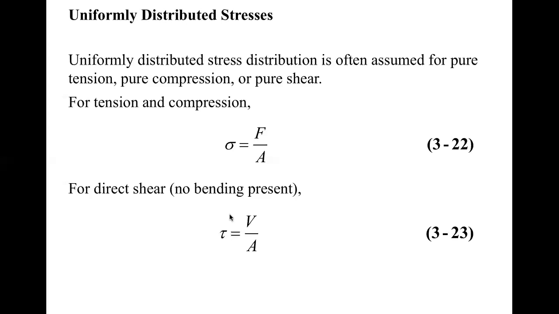So you can calculate the normal stress under tension or compression, and shear stress under direct shear. For tension, compression, and direct shear, they all end up with uniformly distributed stress. If you look at the cross-section area and pick any point, the stress value is the same. That's why I call it uniform stress.